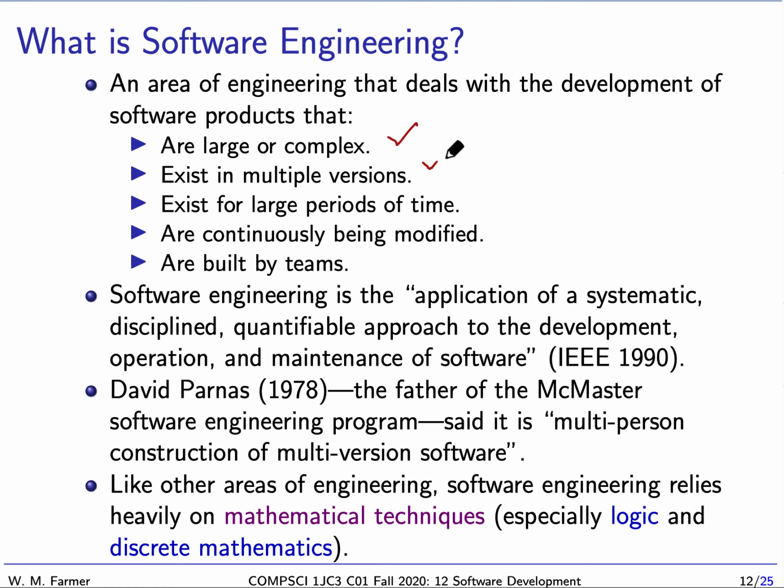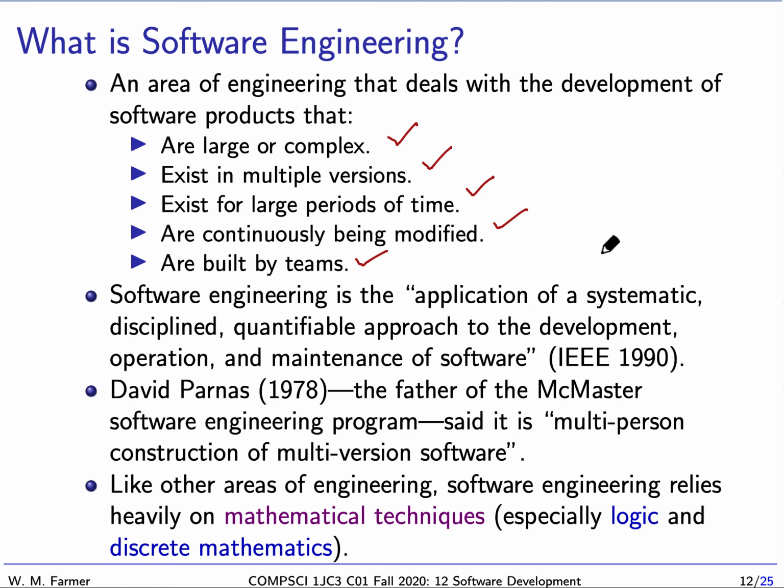They exist in multiple versions, so there's not just one version of your software. They exist for long periods of time, years or decades. They are continuously being modified. Often they're being modified because they depend on other software products, and these are being modified. And they are built by teams. So for software of this kind, we need software engineering.